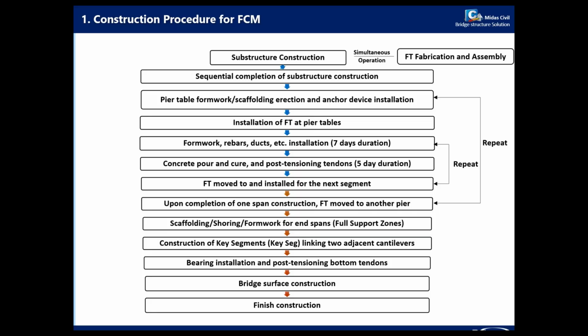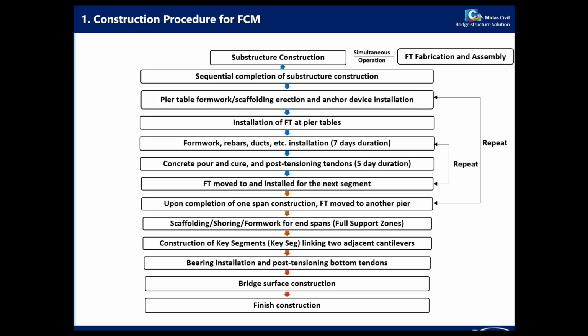Then scaffolding, shoring, and formwork for the end span. For the full staging zone, the remaining part of the span, we can use it to construct the end part of the bridge.